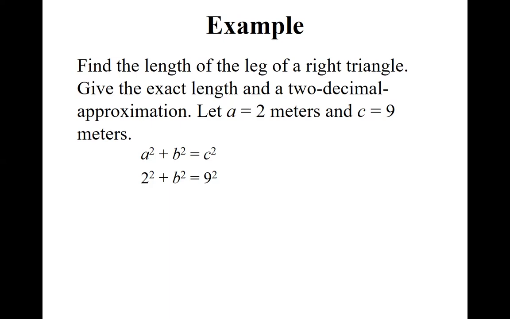And we get 2 squared plus b squared equals 9 squared. That's 4 plus b squared equals 81. Subtract 4 from both sides, b squared equals 77. And again, to get from b squared to b, we take the square root of both sides.